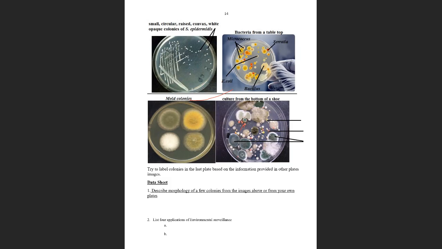It's raised. And can you tell what type of raised? It's like this. Convex. Does it have a glistening look or dull look? It's glistening. Oh, okay. In terms of opacity, is it opaque or see-through?